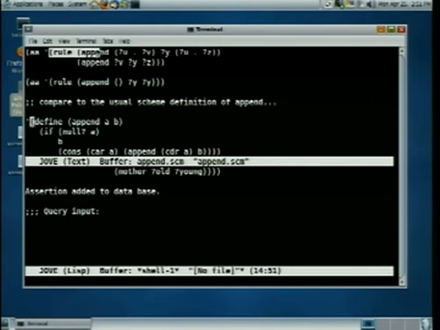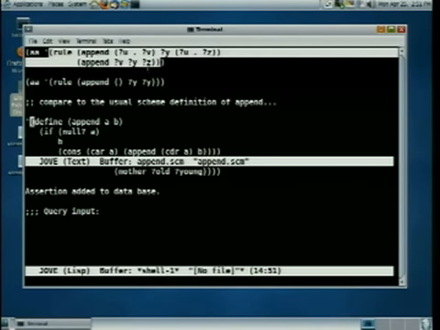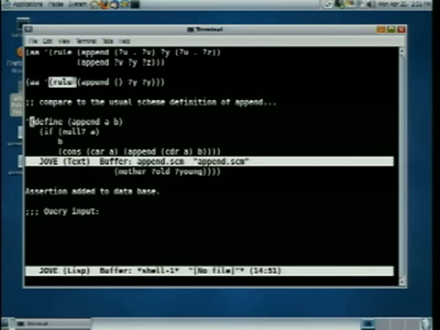So here are the rules. There's two rules, this one and this one. And as we talk about them, I'd like you to compare them to the scheme code. So the scheme code has two cases, the base case and the recursive case. And the two rules correspond to those two cases.